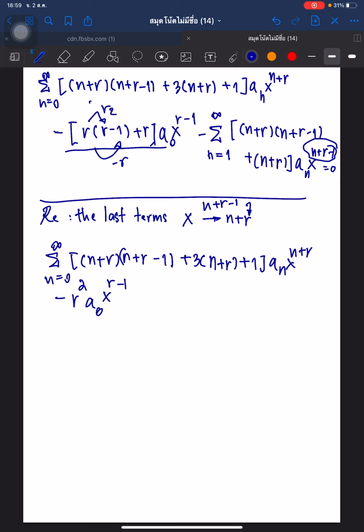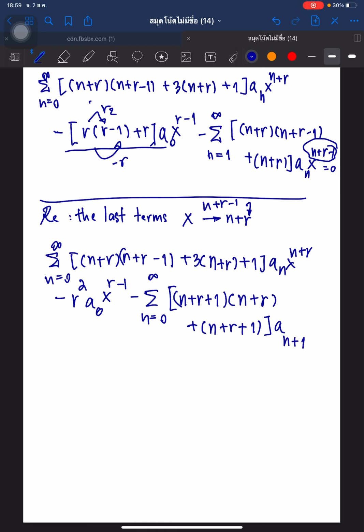Okay, and the last term, minus the sum of n beginning with 0, and rearrangement in this n plus r plus 1, because we substitute n plus 1, n plus r plus 1, all of the bracket a n plus 1 x to the n plus r equals 0.